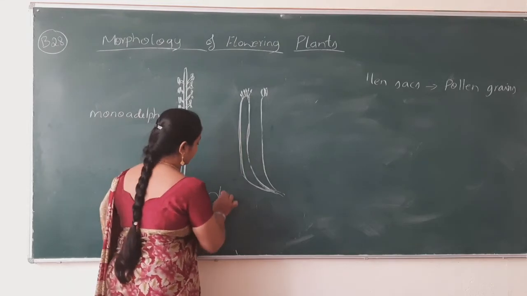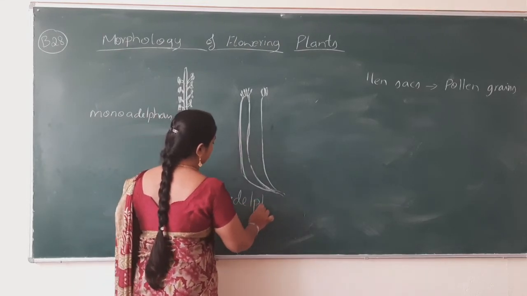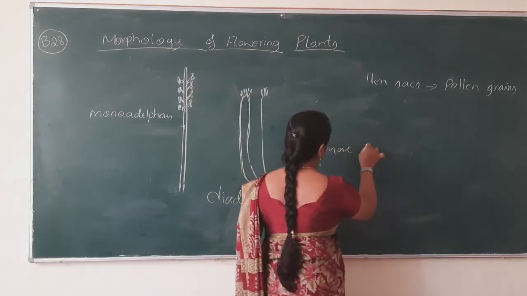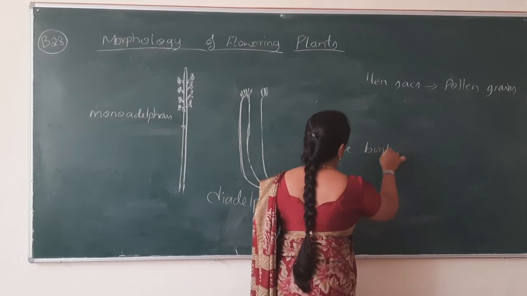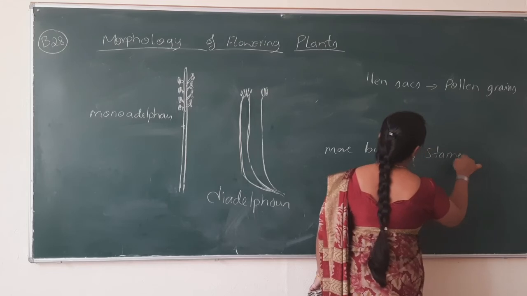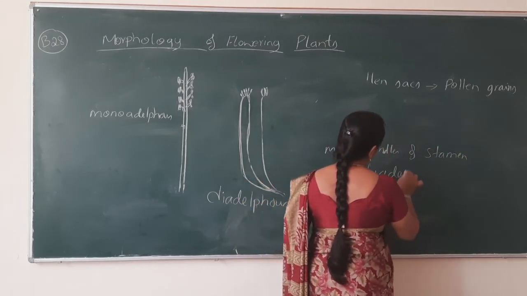That type of arrangement is known as diadelphous. Like that, if it has more bundles of stamens, that type of arrangement is known as polyadelphous.